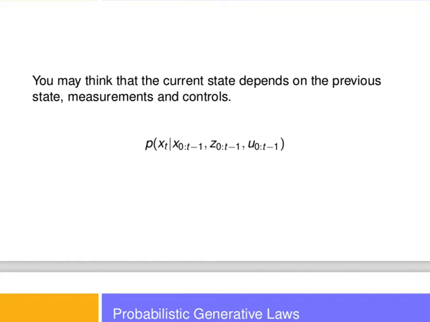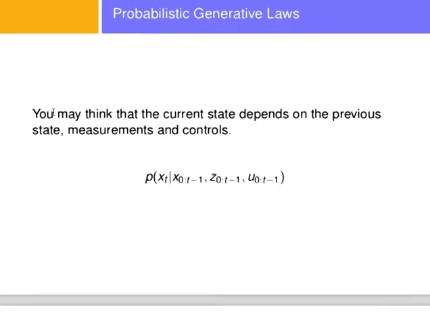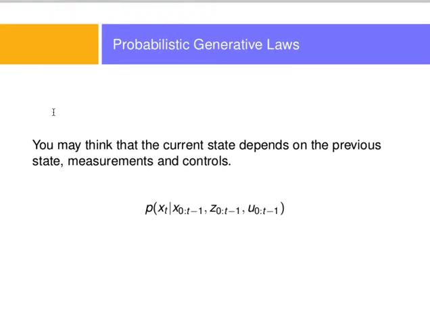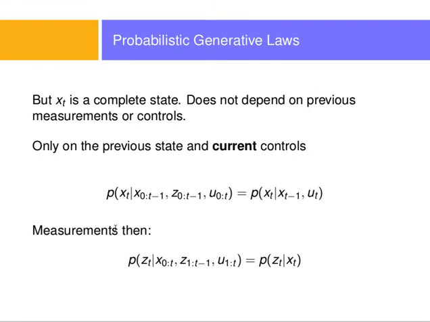So now, if we only think about it in Markovian ways, if you will, let's think about it in Markovian logic. We can think that the current state depends only on the previous state, measurements and controls. So we're going to say this to simplify the model, and it actually works pretty well in practice, is to say that the current state depends only on the previous state.